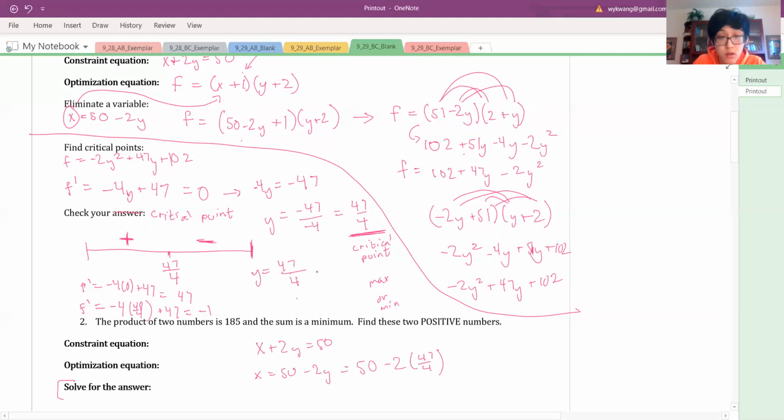So it should be equal to 26.5. So we have y is equal to 47 over 4 and x is equal to 26.5. So this is our final answer.